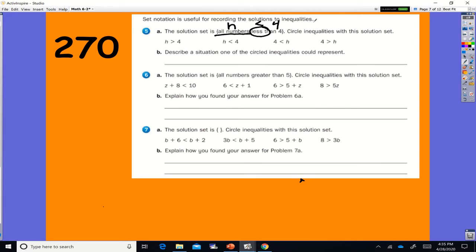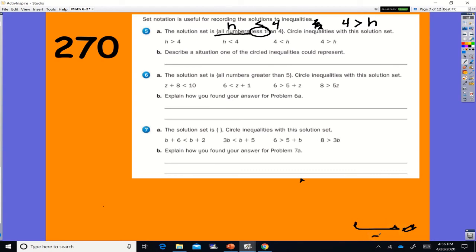I can also write this not H first, 4 first. Does that still tell me that this number right here is less than 4? Yes, it does, because it always goes where the arrow is pointing. If the arrow is pointing here, it's saying a number less than 4. This is saying 4 is bigger than the number, meaning that's still less than.